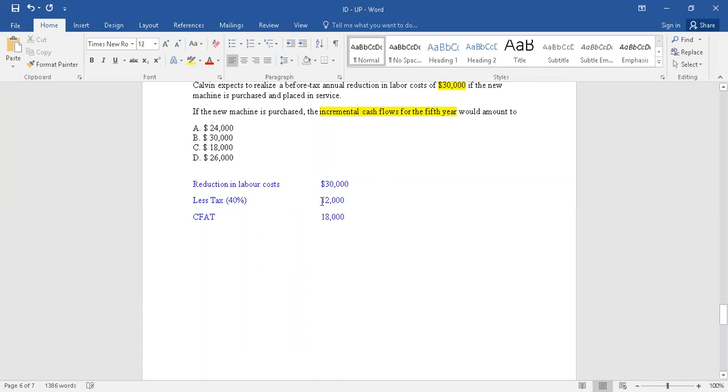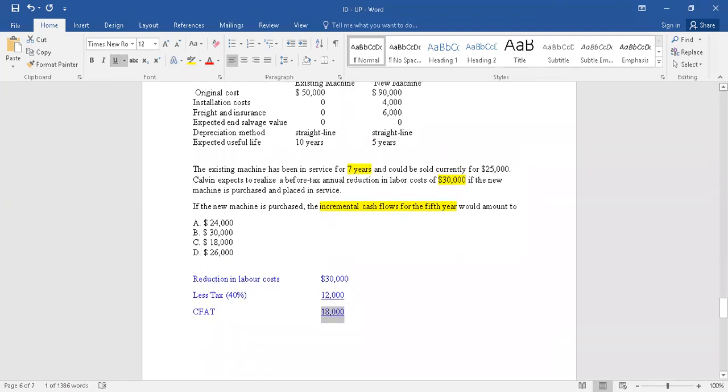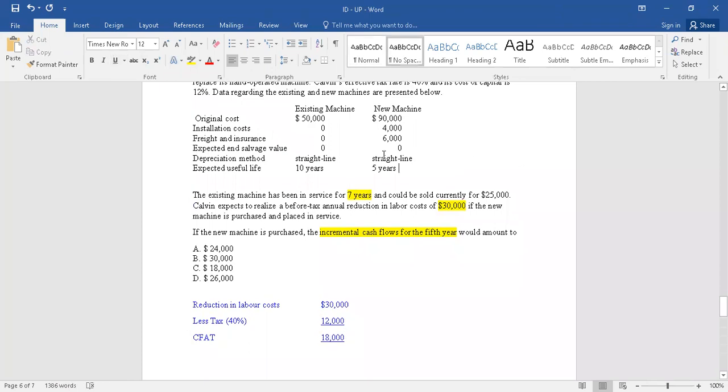Done. After that, we also see that the new asset has a useful life of 5 years, depreciated using the straight line method. The original cost is 90,000, plus installation, freight and insurance. So these are the costs that have to be taken into consideration. So considering these amounts, the amount of depreciation also has to be calculated, because depreciation is an allowable expense.